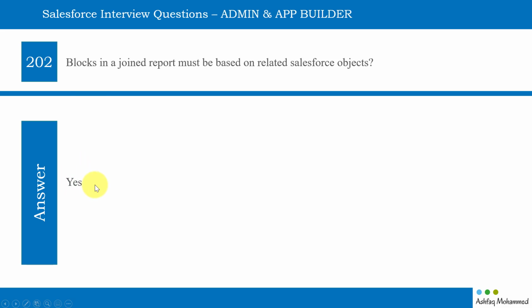If you have noticed, I have created the joint report for account and opportunity and cases, right? Which have a relationship, because account and opportunity have a parent and child relationship, and account and cases also have a parent-child relationship. So what I mean to say is that blocks in the joint report must be based on related Salesforce objects.